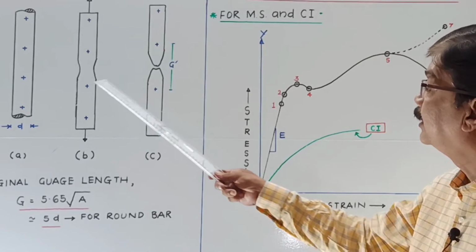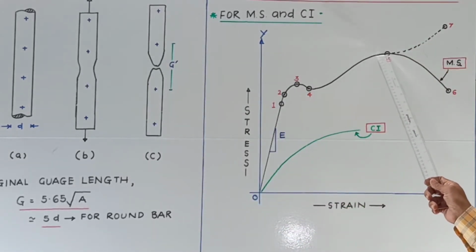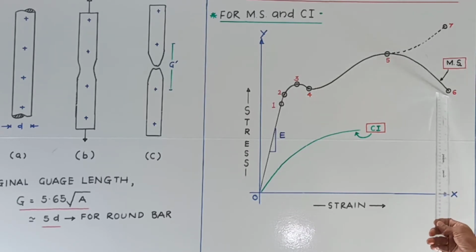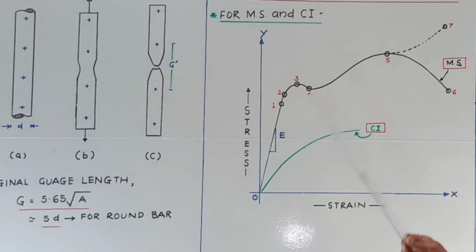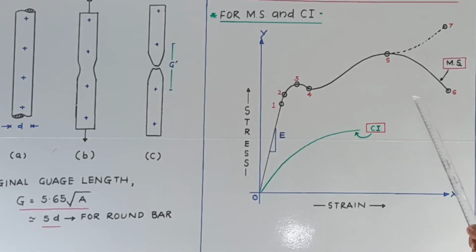So load starts decreasing, therefore load divided by area also starts decreasing, and finally it breaks at point number 6. So point number 6 is the nominal breaking stress point. Why is it said to be the nominal breaking stress point?